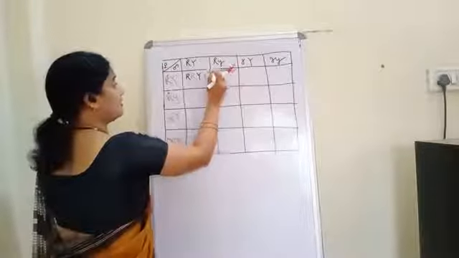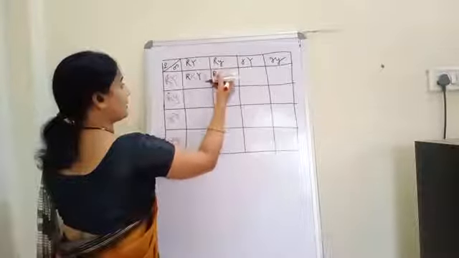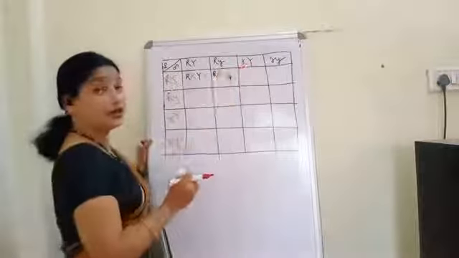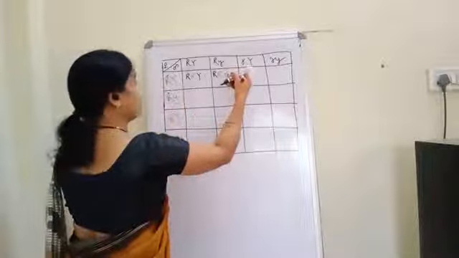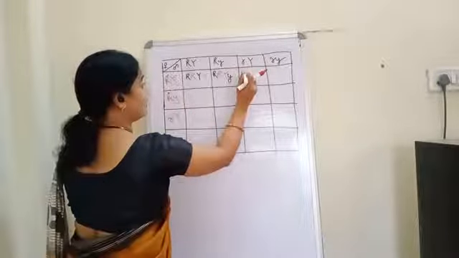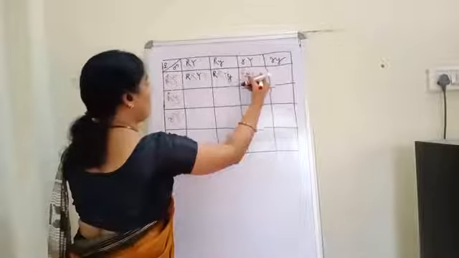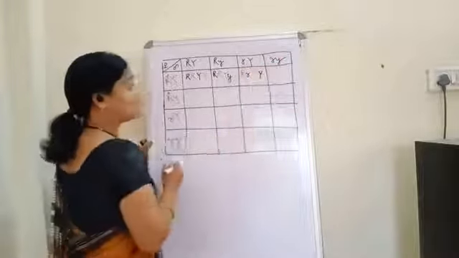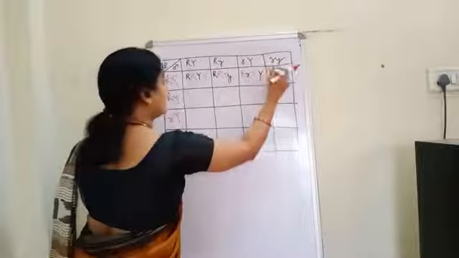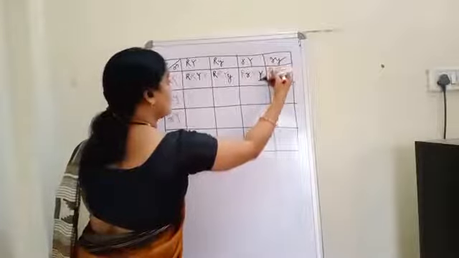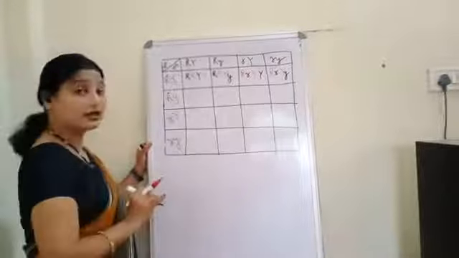Now children, we have already learned these things. Okay? Capital Y, small y. I told you earlier that every time we will write the capital first. Now see the next one. Capital R, then its contrasting character small r, capital Y and capital Y. This with this: capital R, small r, capital Y, small y. First box is clear.